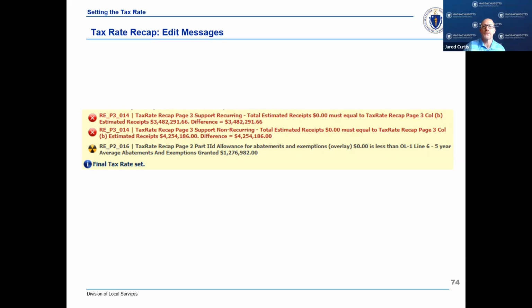All required forms must be submitted prior to submitting the tax rate recap. In this case, an error message would fire stating that form levy limit has no status found, cannot submit or approve the tax rate. Once the error has been fixed, the tax rate can now be submitted. Next.